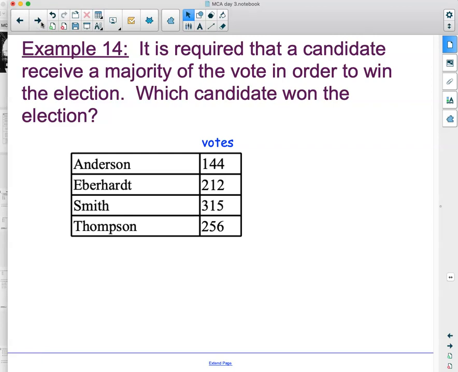And a voting problem. Always one voting. It is required that a candidate receive a majority of the vote in order to win the election. Which candidate won the election? Okay, so majority. Well, first we'd have to know how many total votes there were. So we'd have to add all these up.